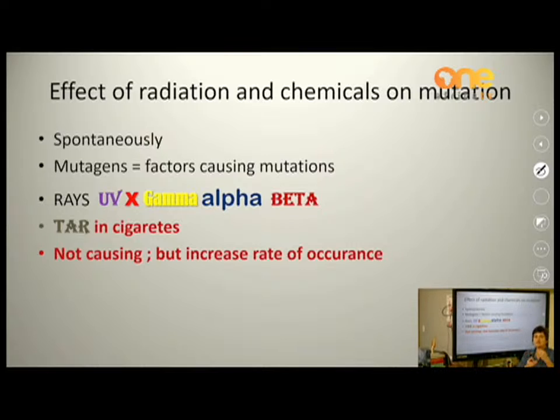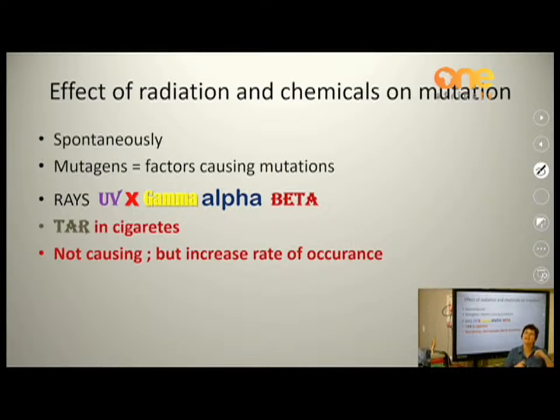It keeps on dividing, which means the message, the command for the cell to stop dividing and start with its normal functioning, is wrong. That will be a message from the genes that is wrong. So cancer is a mutation.